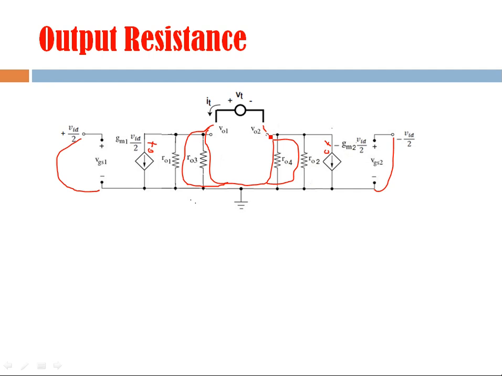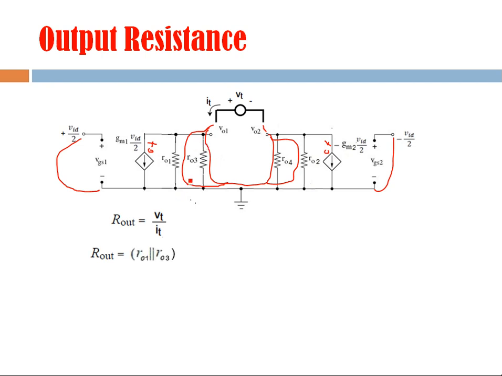If we want to find the total resistance here, we have to find this net resistance and this net resistance, and the total resistance is the net resistance of the left side plus the net resistance of the right side. So the output resistance will be this output voltage divided by how much current is passing through this side, and that can also be written like this.